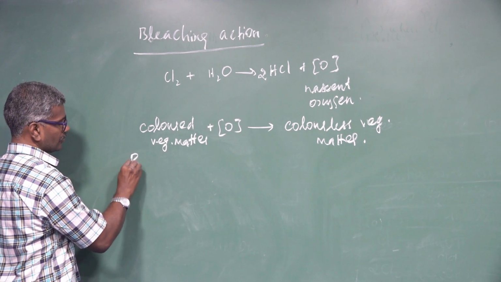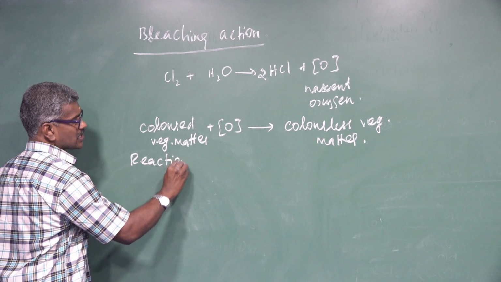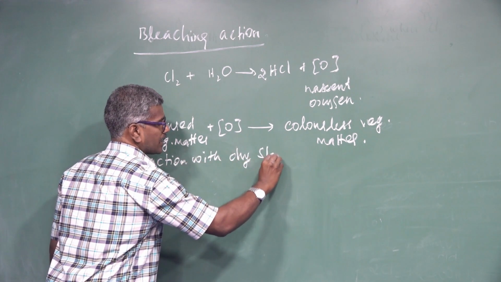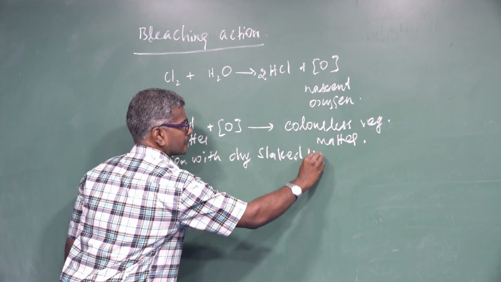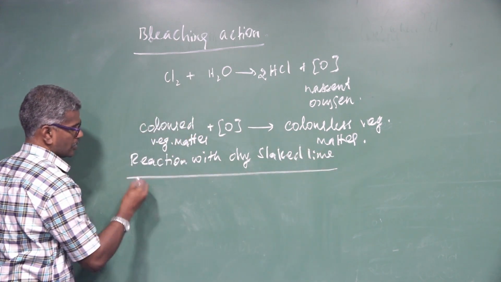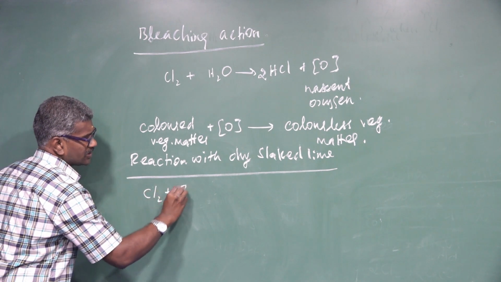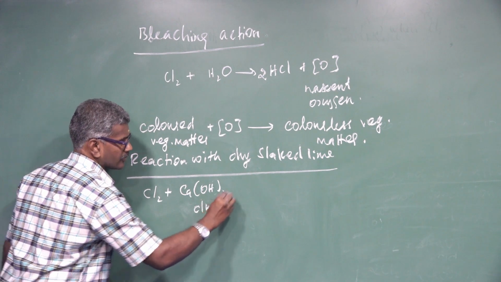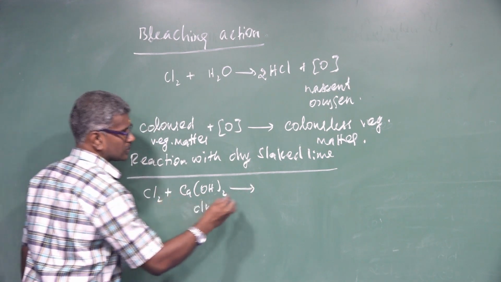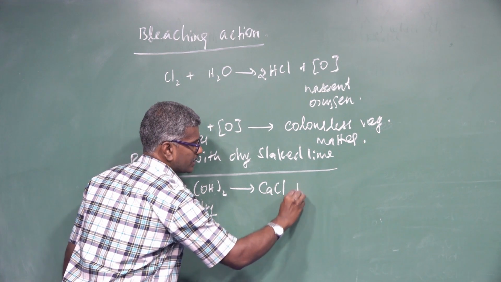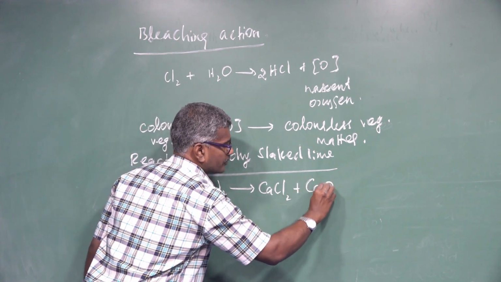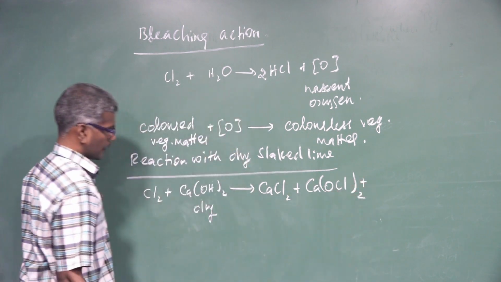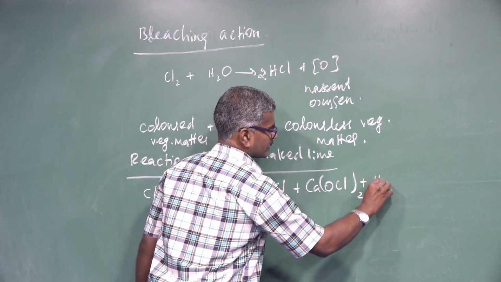Another one, reaction with dry slaked lime. Chlorine reacts with slaked lime, calcium hydroxide, that is a dry condition. Formation of calcium chloride and calcium hypochlorite and the removal of water.